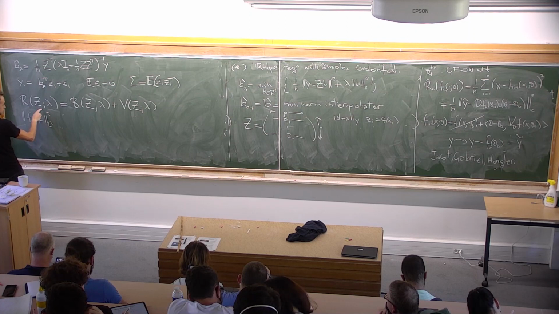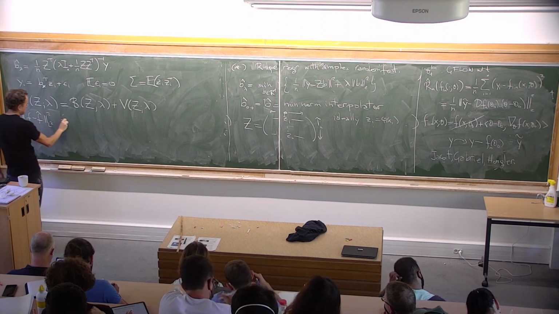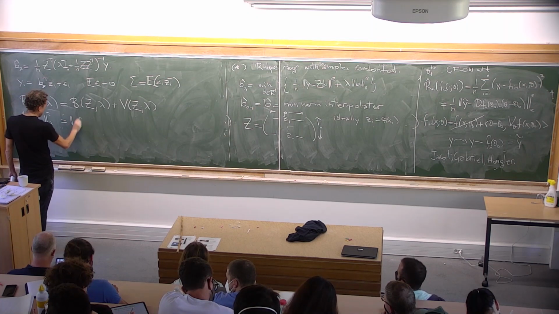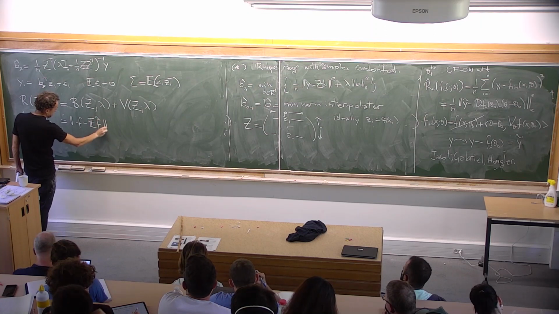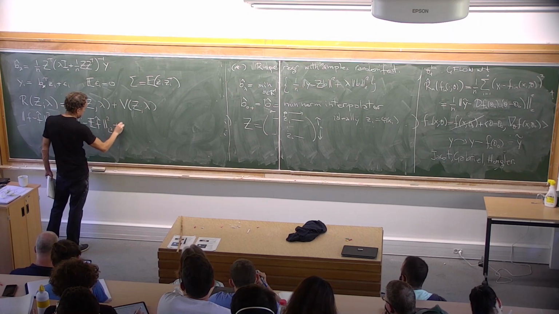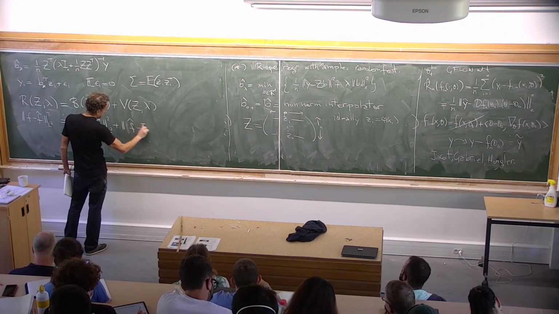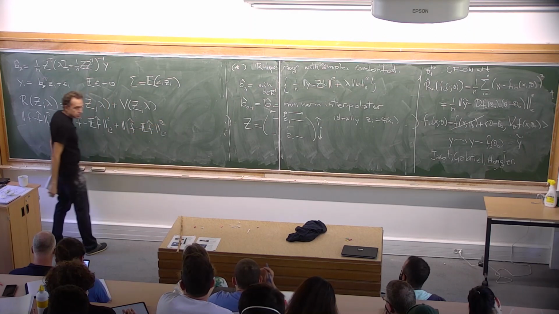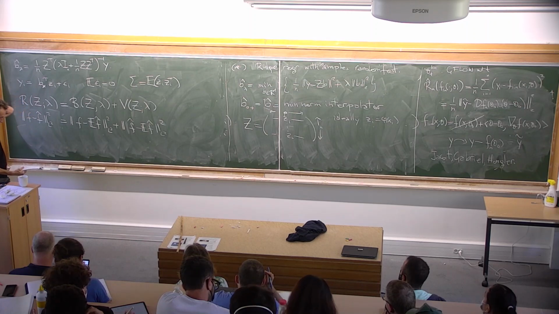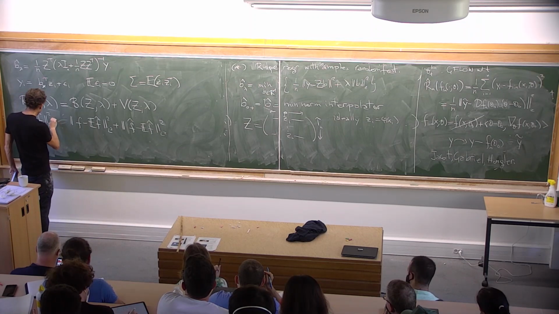The bias is f minus the expectation of f hat, and the variance is f hat minus its expectation. So this is just Pythagoras' theorem. The expectations are over the new point.